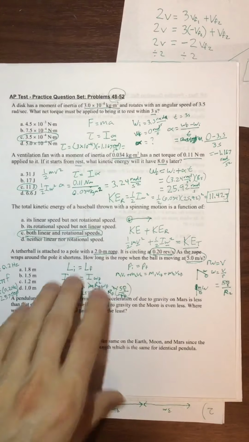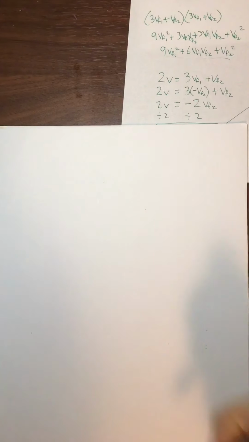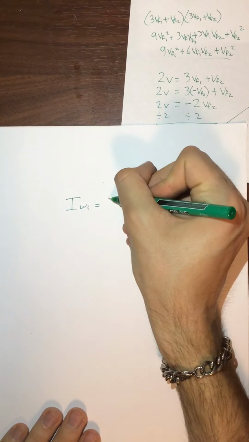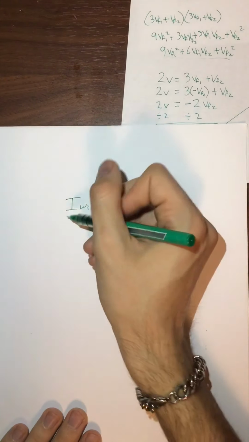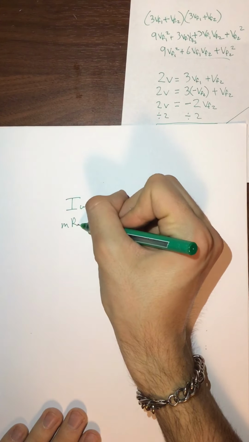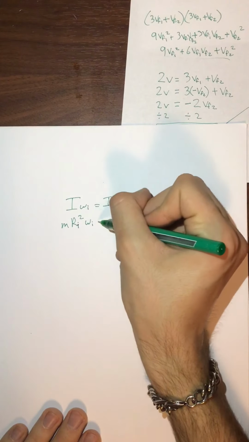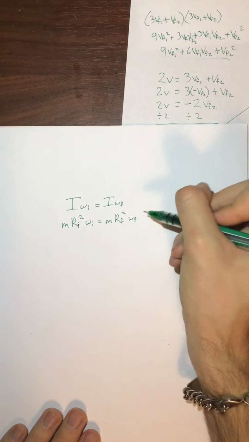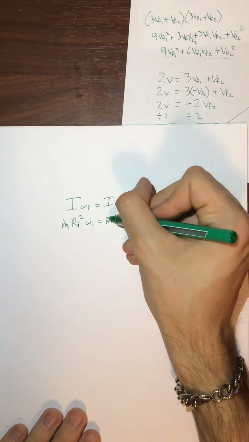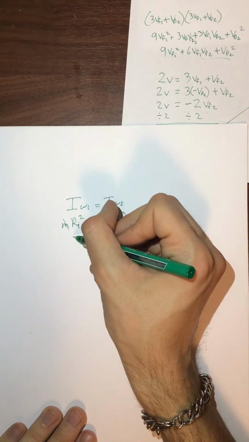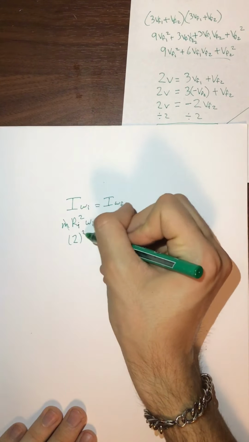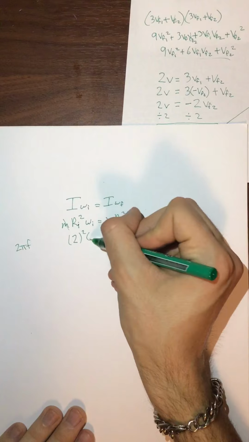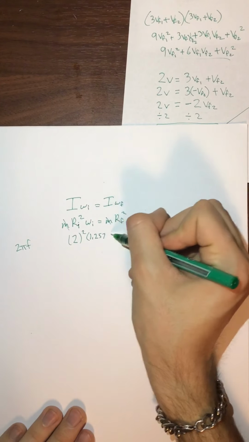So let's write it out in a place with a little bit more space. The equation I had here was I omega i equals I omega f. Now I replaced this with m r initial squared omega i is equal to m r f squared omega f, and so the m's canceled. The initial radius was given to us, it was 2, and so we'll square that. The angular velocity we had to calculate, 2 pi times frequency, became 1.257.